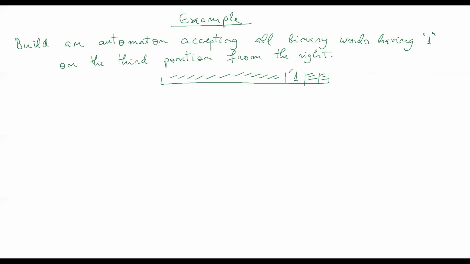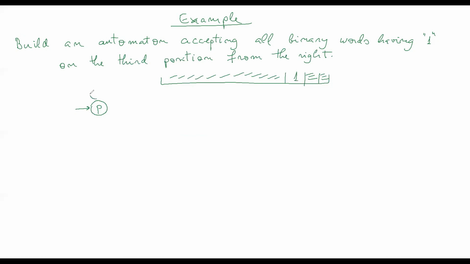And here is how you might think about this in terms of a non-deterministic automaton. You might say, well, I have to start reading the input word, and I'm going to start doing that in my initial state. So this is my initial state, and let's just denote this state by P. And in this state, I might have to read quite many letters before I get to the third from the right letter.